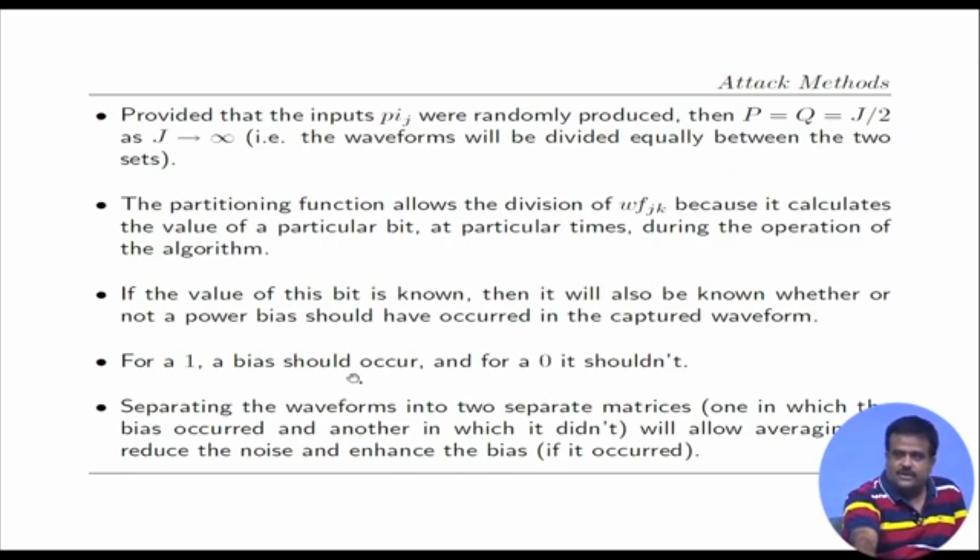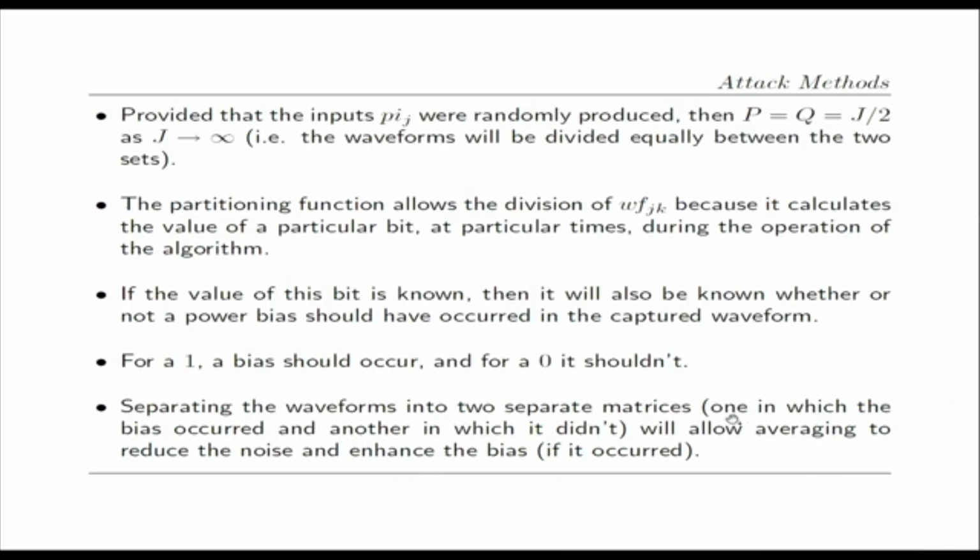For 1 the bias should occur and for 0 it should not. If this is chosen randomly, then this should be half. Separating the waveform into two separate matrices will allow averaging to reduce the noise and enhance the bias.